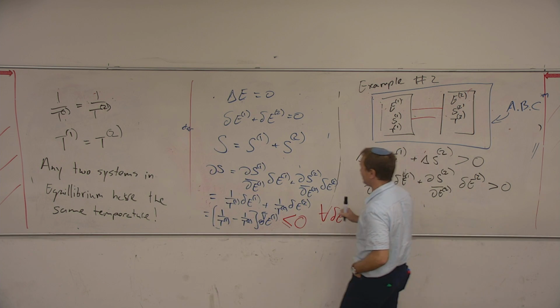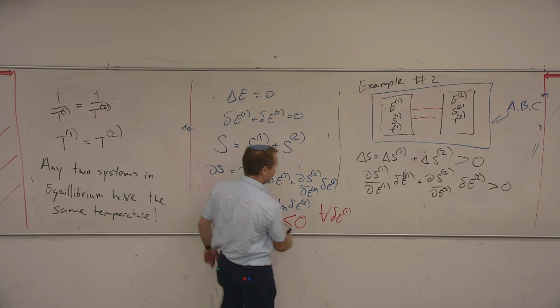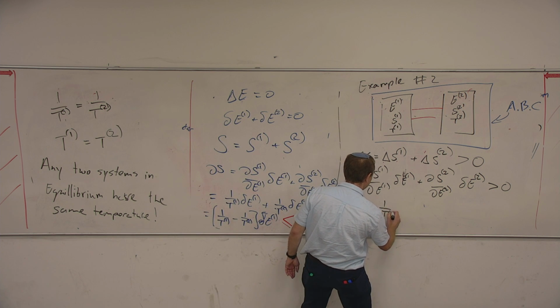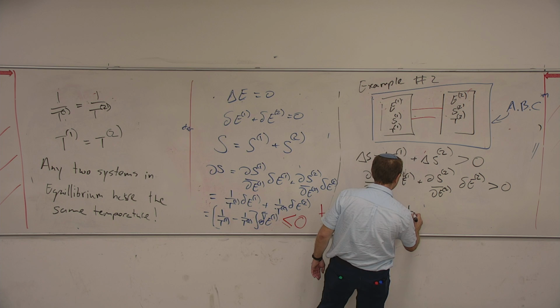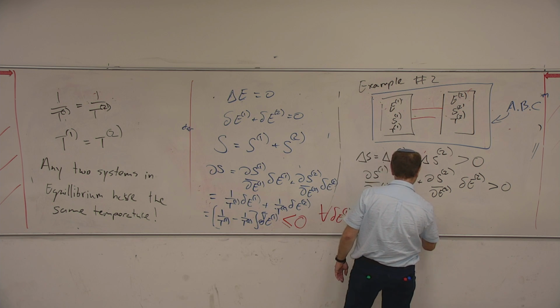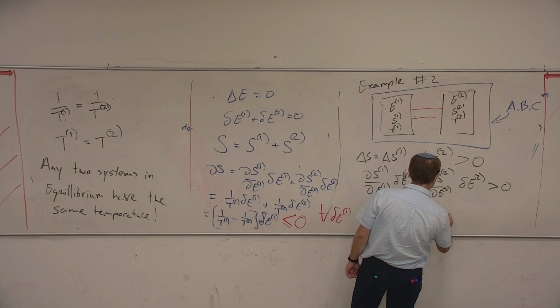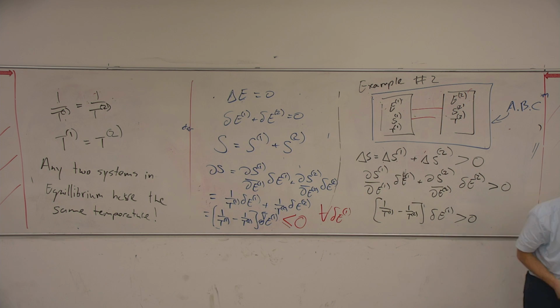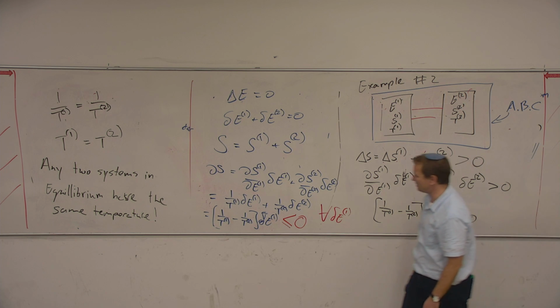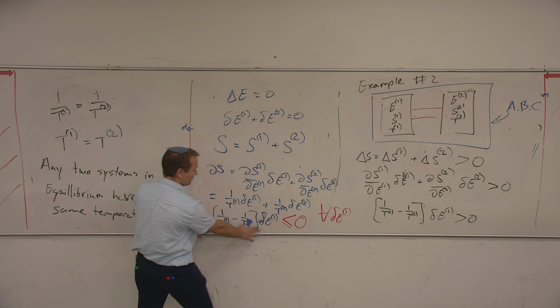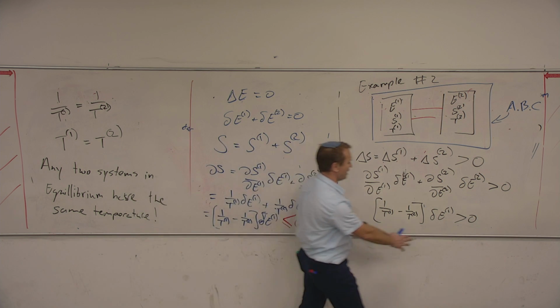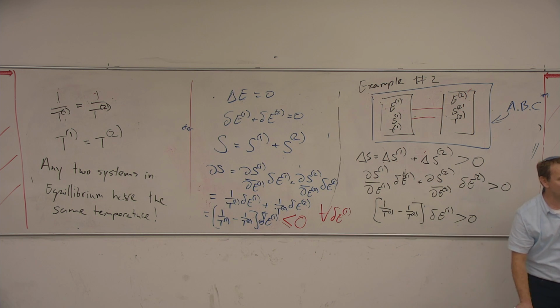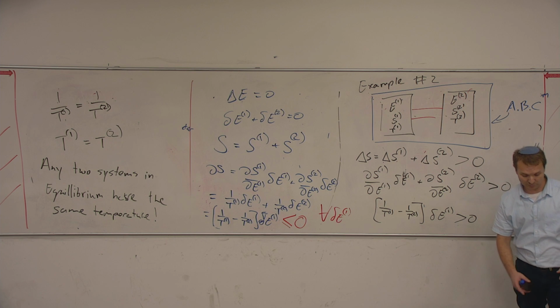So we have the same equation as over here: 1 over T1 minus 1 over T2, times delta E1, greater than 0. It's a little bit counterintuitive. In example 1 I have smaller than 0, in example number 2 I have greater than 0, but the two contexts are different: in equilibrium and reaching equilibrium.